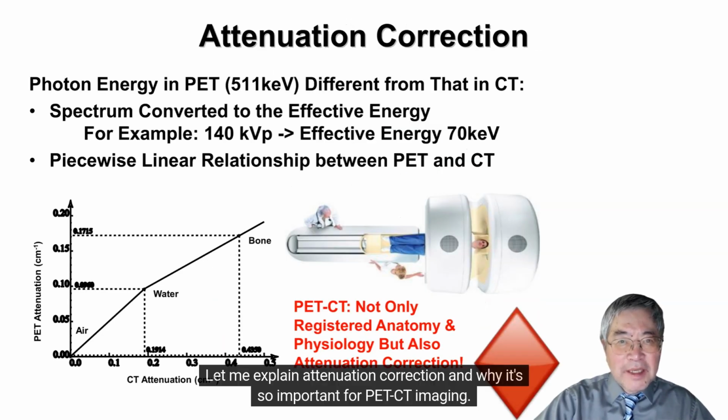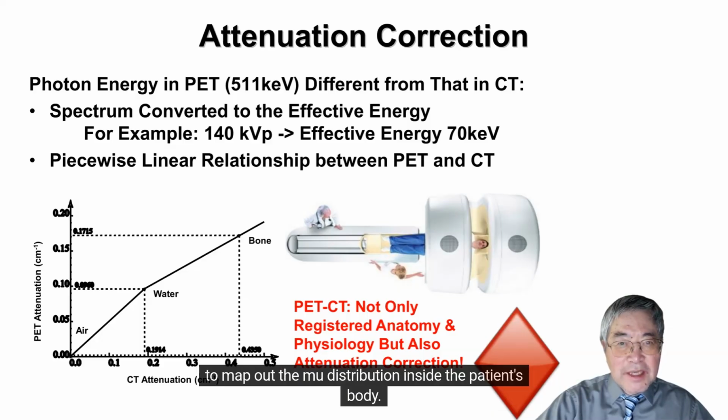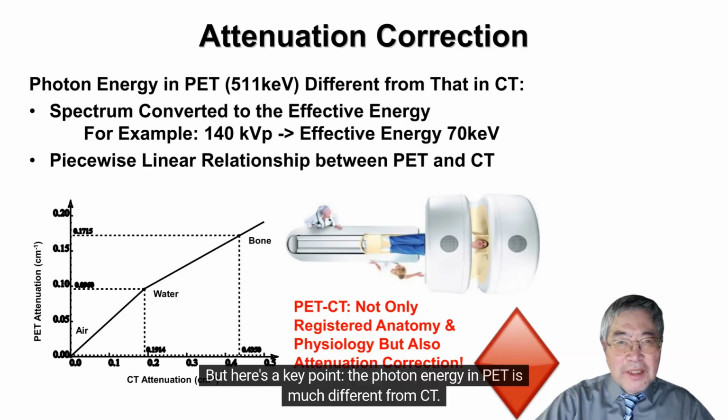Let me explain attenuation correction and why it's so important for PET-CT imaging. When you want to measure the attenuation coefficient, or mu, for PET, you often use an individual CT scan to map out the mu distribution inside the patient's body. But here's a key point. The photon energy in PET is much different from CT.